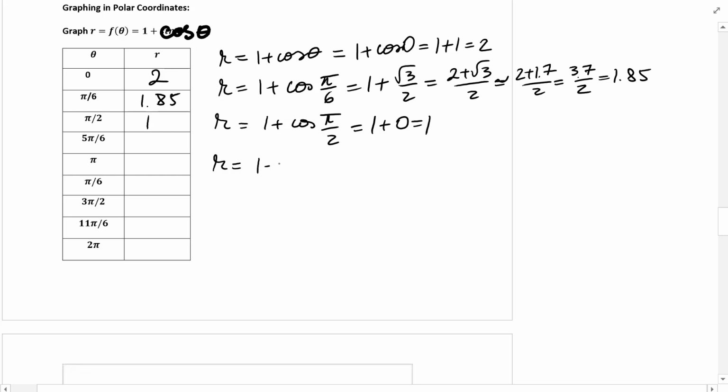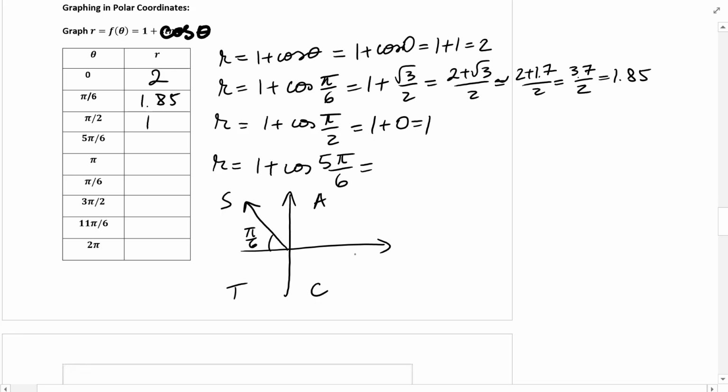R equals 1 plus cosine of 5 pi over 6. 5 pi over 6 would be 150 degrees, so the reference angle is pi over 6. All students take calculus, so that means cosine of 5 pi over 6 is actually negative cosine of pi over 6.